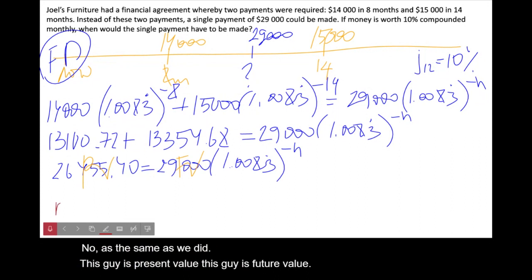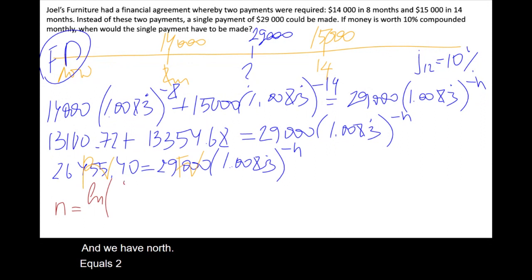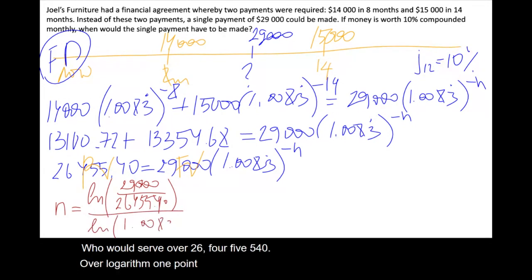And we have n equals logarithm 29,000 over 26,455.40, over logarithm 1.0083 in period. Okay.